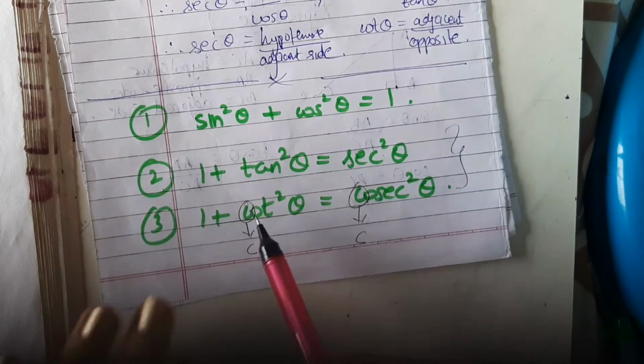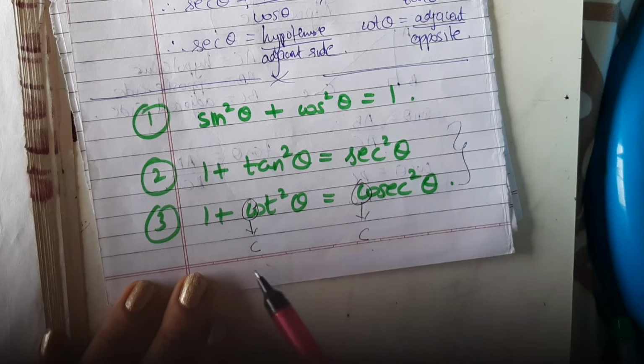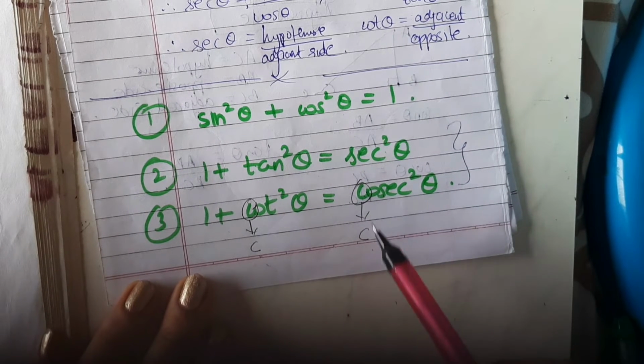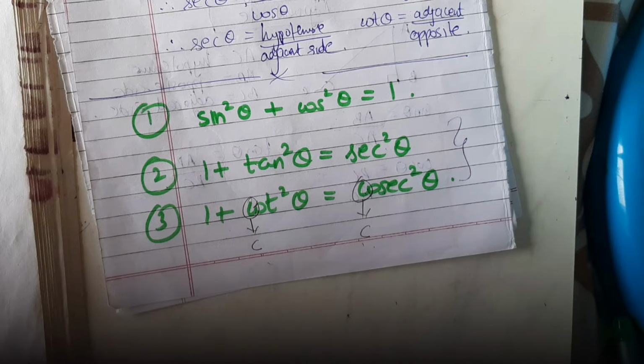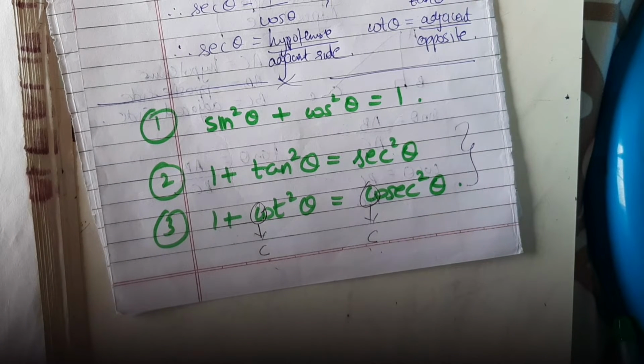Remember this, that cot starts with C and cosec starts with C. So these two will come in one identity only. Okay, so the three basic identities are, repeat, sin square theta plus cos square theta is 1. 1 plus tan square theta is equal to sec square theta, and 1 plus cot square theta is equal to cosec square theta.